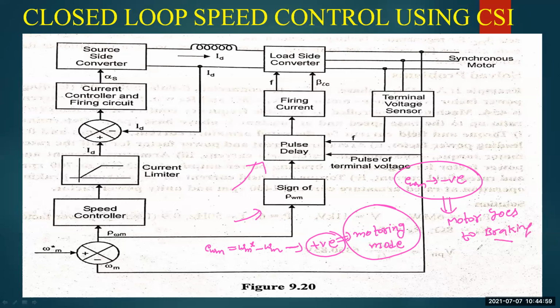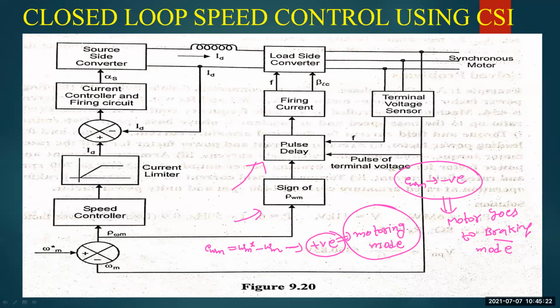Understood? Braking mode. So based on the speed error, if it is positive the synchronous motor goes to motoring mode, and if it is negative the motor goes to braking mode.